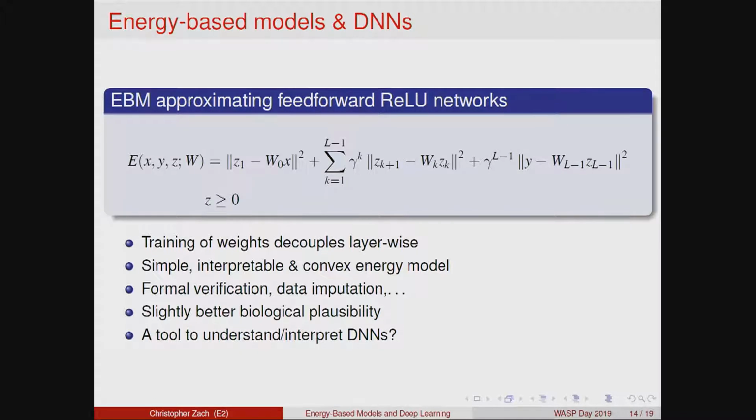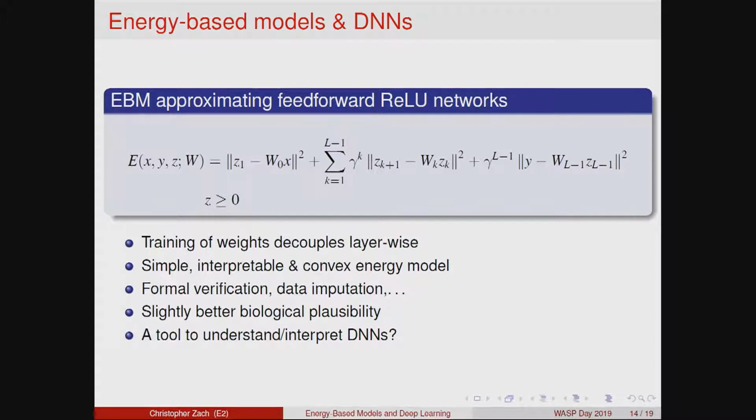So, for example, if you have an energy like this, which is convex and very nicely behaved, given y, you can also compute what is the most likely input x in terms of the energy for a given target output y. Or you can mask out parts of the input and compute the remaining elements.